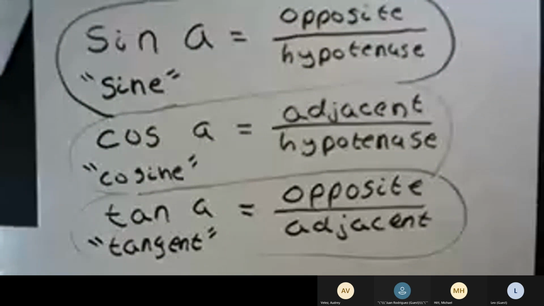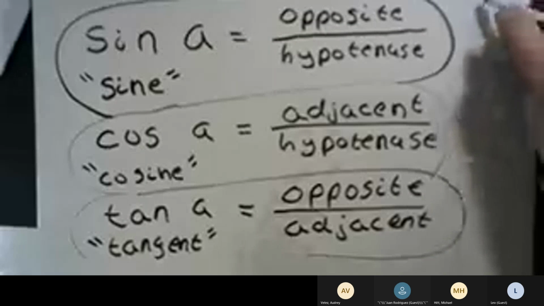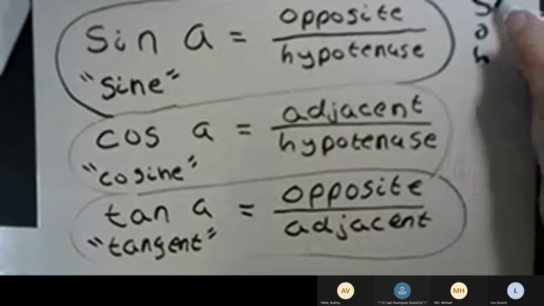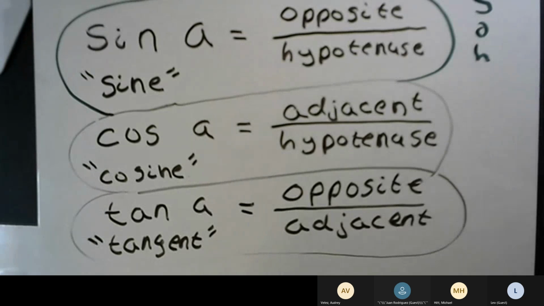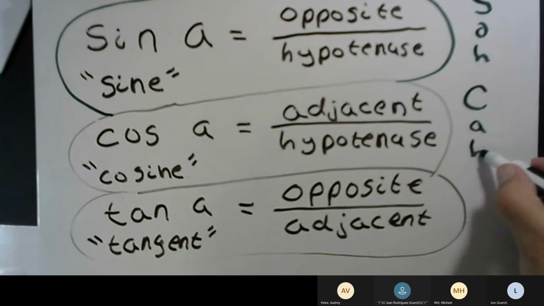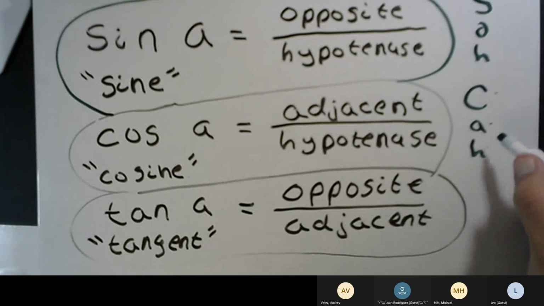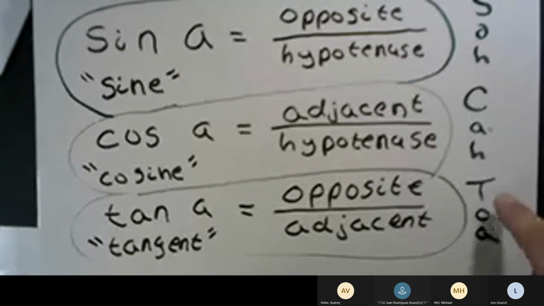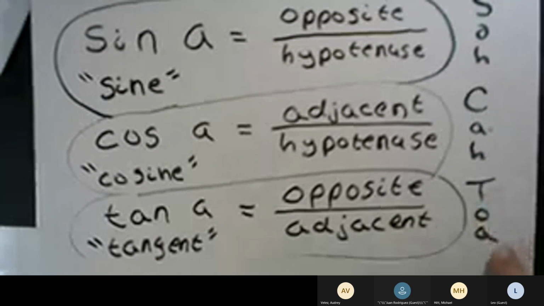One way you can remember these is the mnemonics. SOH: sine is opposite over hypotenuse. CAH: cosine is adjacent over hypotenuse. TOA: tangent is opposite over adjacent.